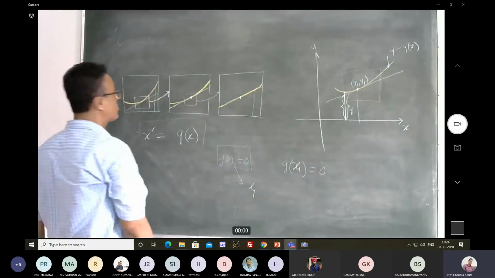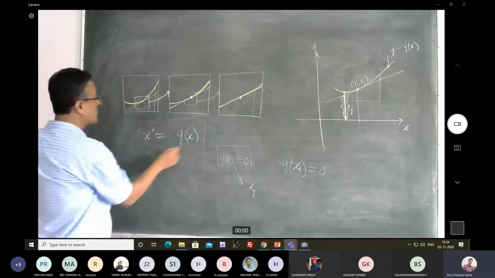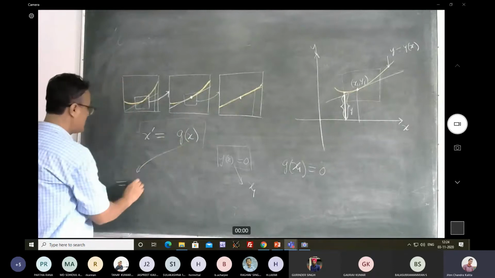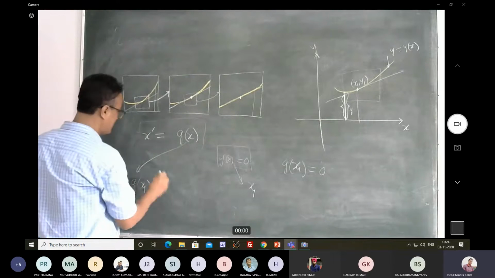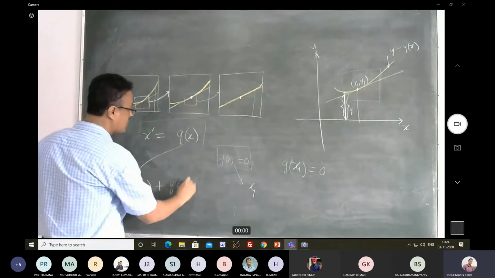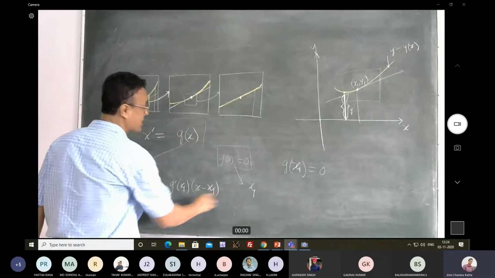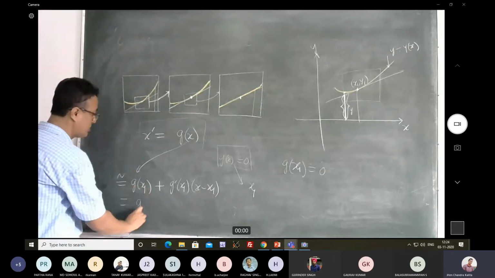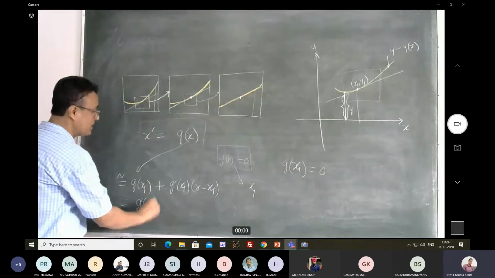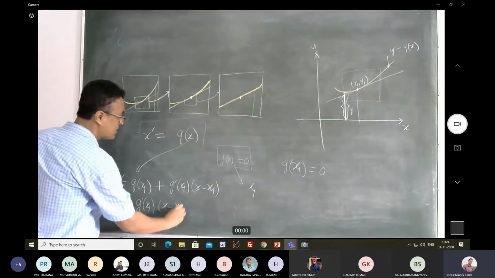I can approximate this as g prime x1 times x minus x1, and since g of x1 is 0, this simply gives g prime x1 times x minus x1.